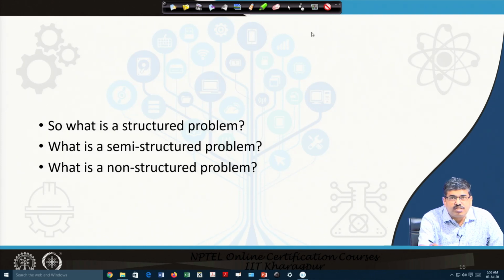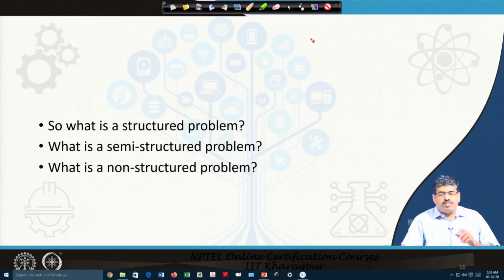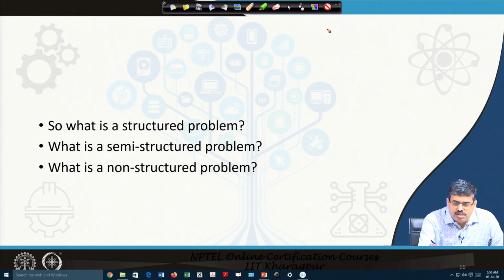What happens in house construction? In house construction, first the iron bars are put in, right? Iron bars are put in and they are tied like this, right? They are tied like this.